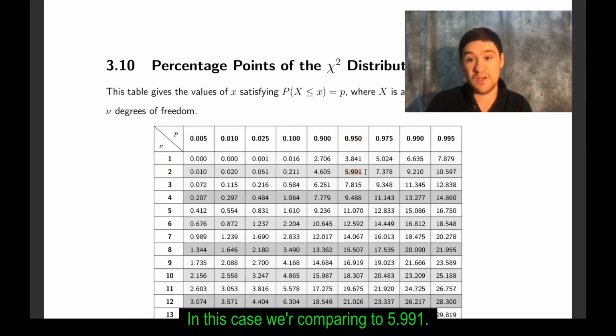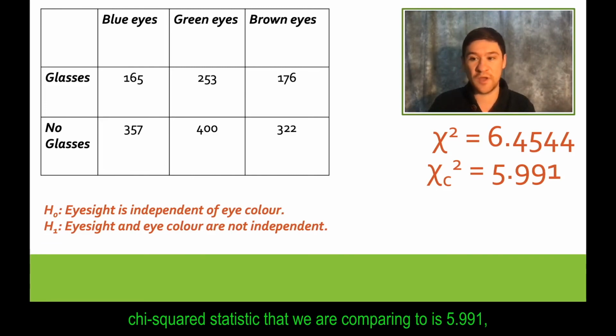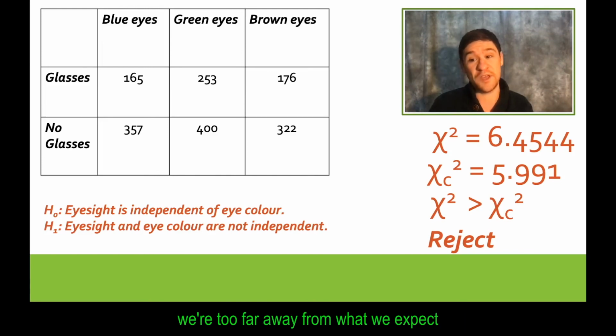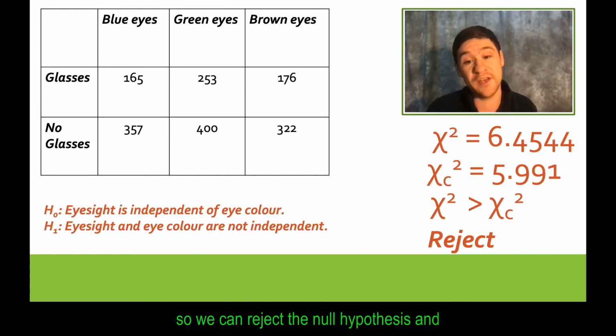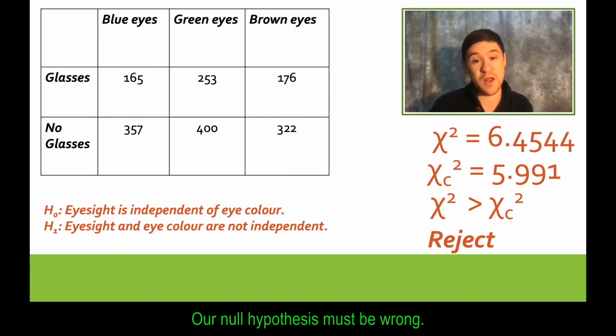In this case, we compare it to 5.991. Our chi-squared statistic was 6.4544. As it is bigger than the critical value, we are too far away from what we expect, and so we can reject the null hypothesis. Our null hypothesis must be wrong.